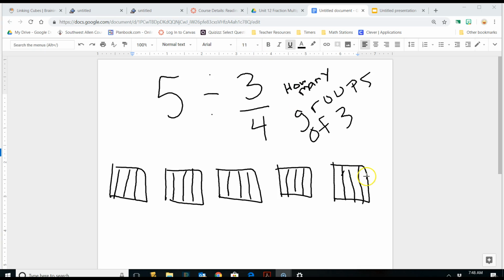So let's see. I have 1 group of 3. I have 2 groups of 3.